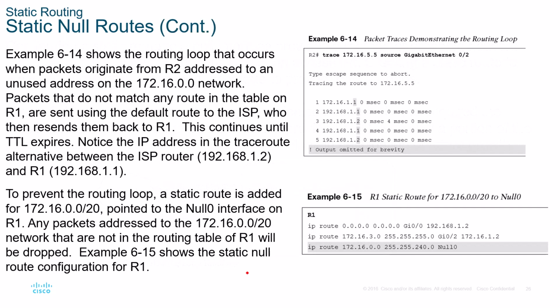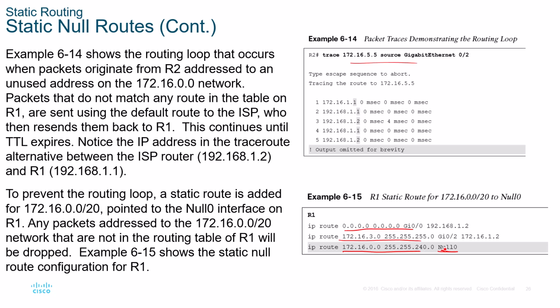Well, you could do a traceroute, and you could see the path. You can configure our traditional quad 0. You can configure multiple static routes. And here we have it sent to the null 0 interface. Basically that's a non-interface. It won't process that traffic. It will just discard it.